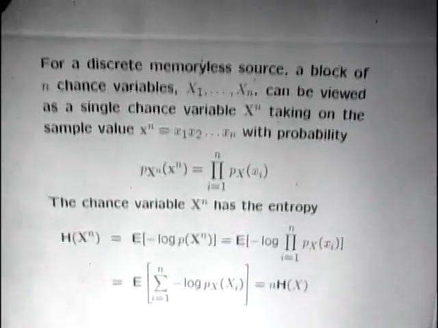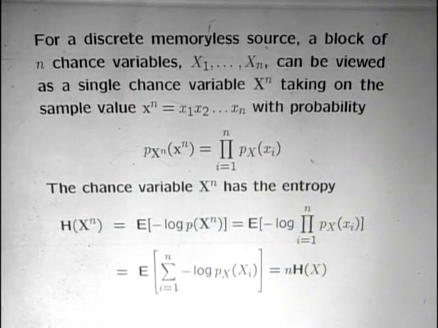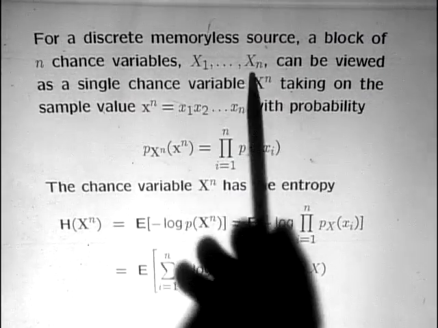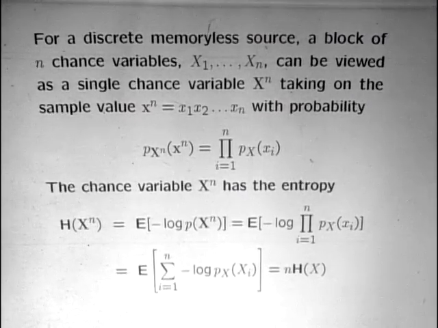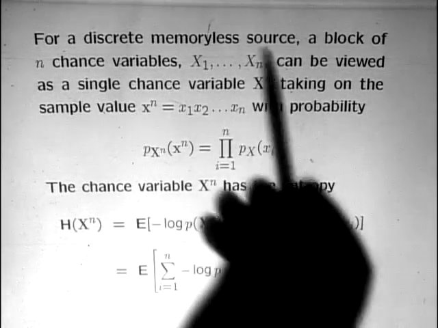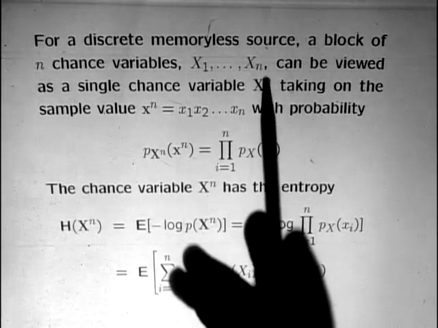Okay, so now let's get back to discrete memoryless sources. If you now have a block of n chance variables, x1 to xn, and they're all IID, again, we can view this whole block as one big monster chance variable.